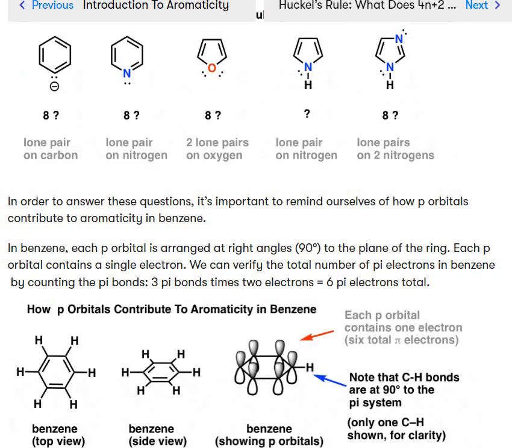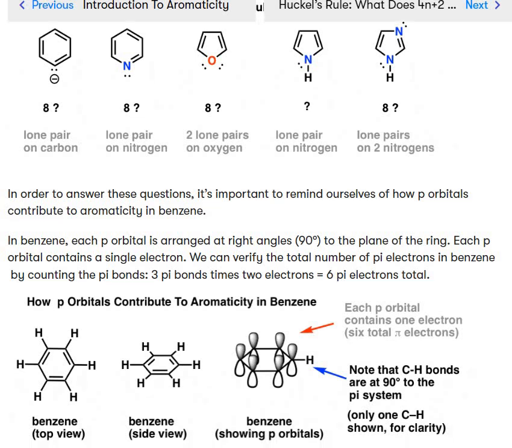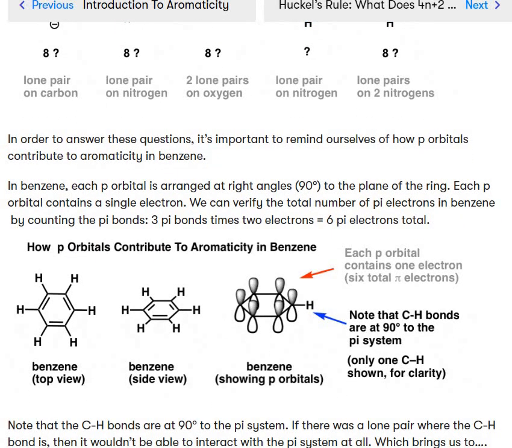So in order to answer this question, it is important to remind ourselves of how p orbitals contribute to aromaticity in benzene. In benzene, each p orbital is arranged at right angles, 90 degrees, to the plane of the ring. Each p orbital contains a single electron.